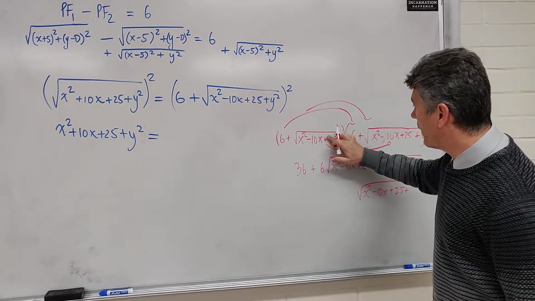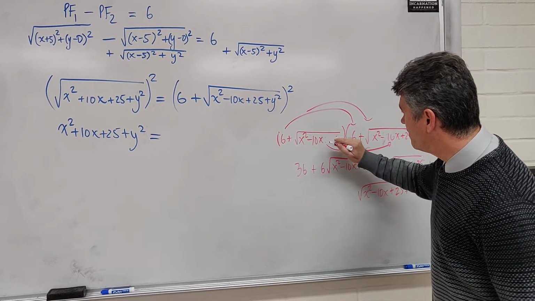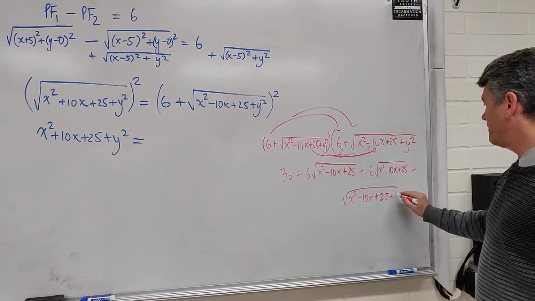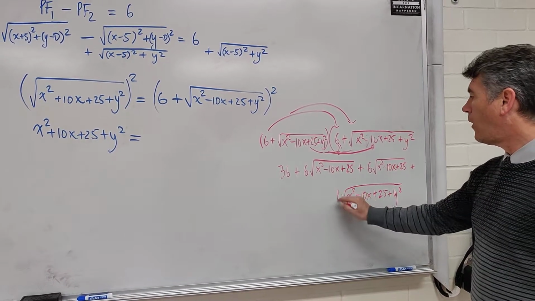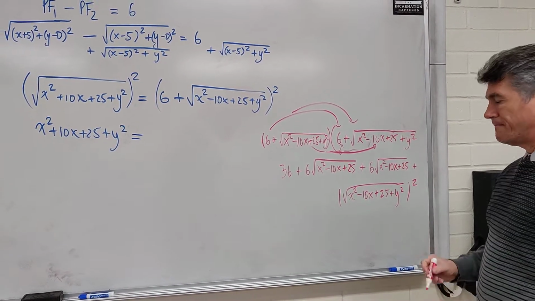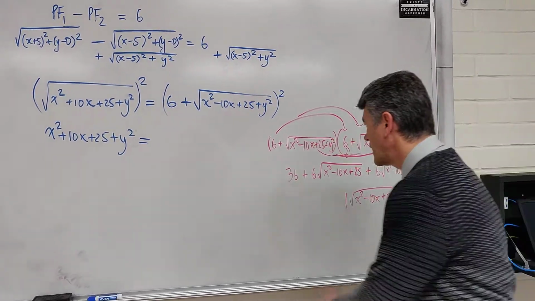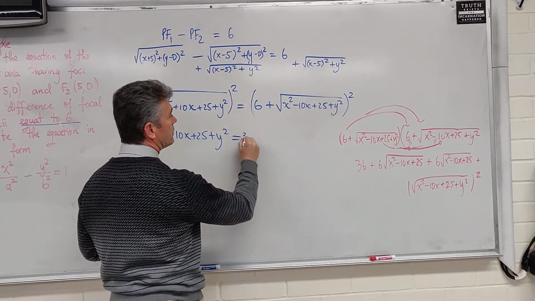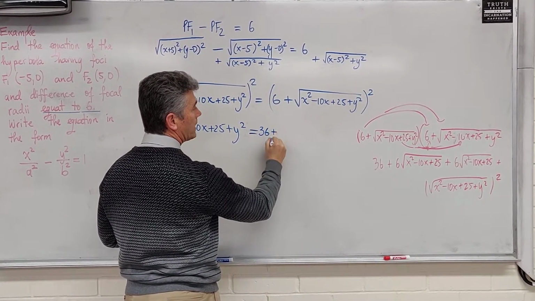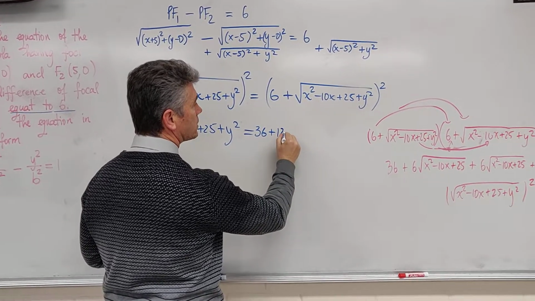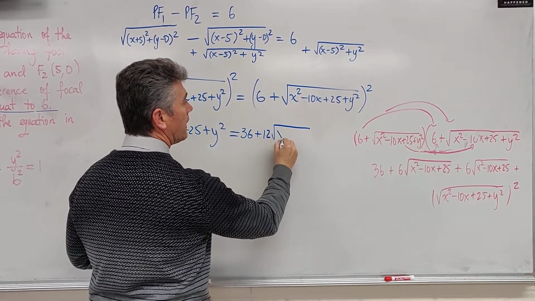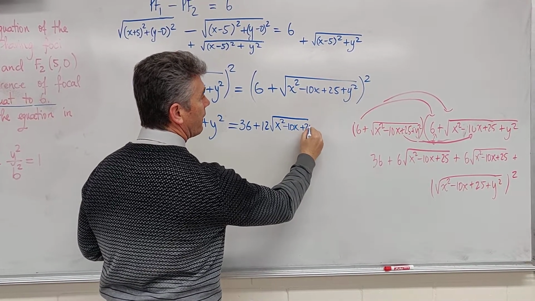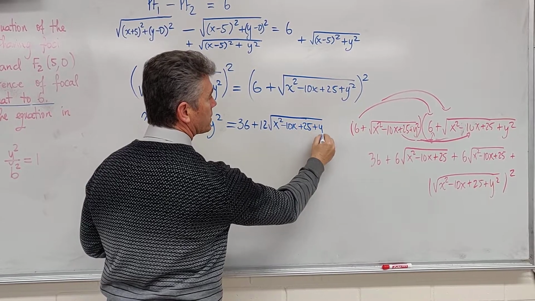Look at that, I forgot to write the y squared for both of them. So plus 25 plus y squared, all squared. So what is this? This is our right side. The right side is 36 plus 12 square root of x squared minus 10x plus 25 plus y squared.